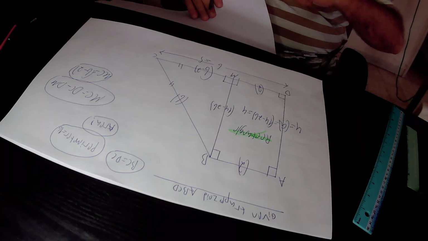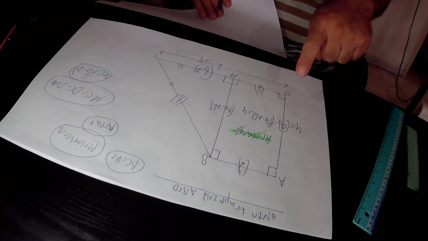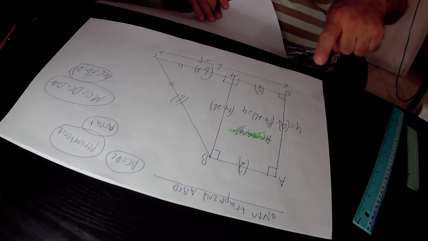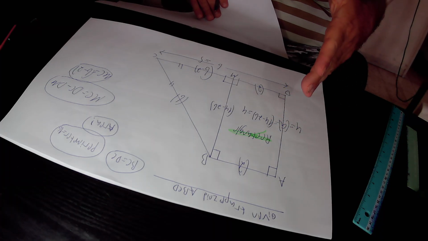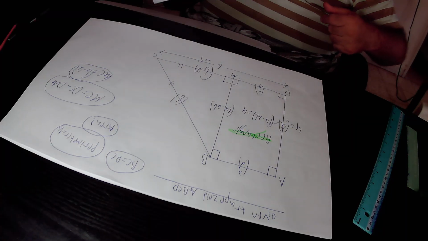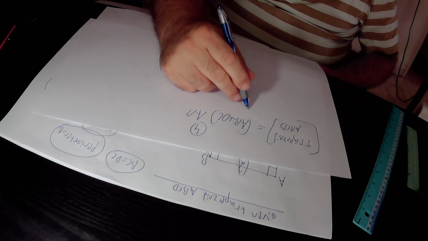The height is AD. Why is AD the height? Because it creates 90 degrees with the base AB, and AD also creates 90 degrees with the base DC. Therefore, the height is AD, divided by 2.